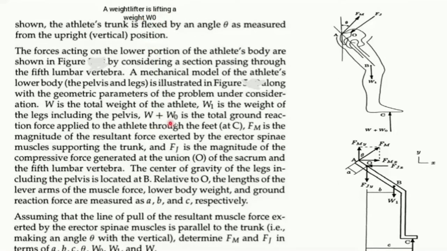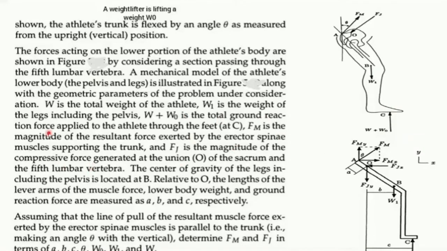W plus W0 is the total ground reaction force applied to the athlete through the feet at C. So at B, W1 is acting perpendicularly downward, and at C, W plus W0 is the ground reaction force. It opposes this force, so it acts perpendicularly upward.